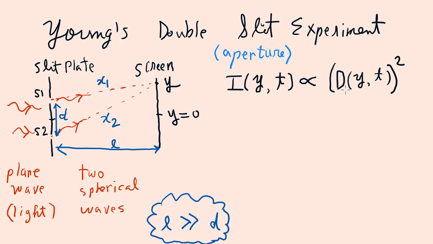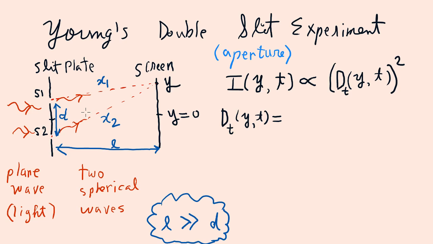So this is the combined amplitude. Let's put a subscript t for total amplitude. What is this total amplitude coming from? This total amplitude is coming from the superposition of two sources of wave. One is a spherical wave coming from slit 1, the other is another spherical wave coming from slit 2.